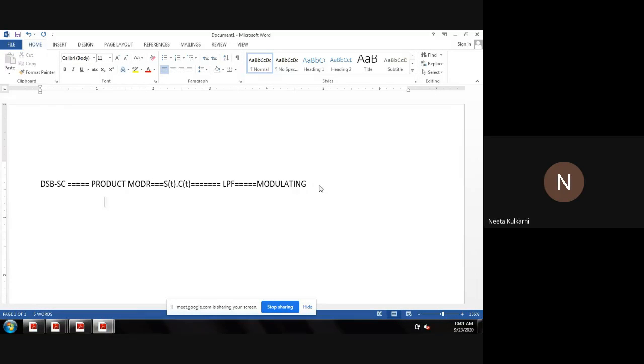The another input for product modulator is carrier signal. इकडून दिला आपण इथून इथं दिला carrier signal. ह्या दोन्हीचं मल्टिप्लिकेशन होऊन आपल्याला आउटपुटला मिळाला S of T into C of T. Then it is given to the low pass filter. आणि ह्या लो पास फिल्टरची फ्रिक्वेन्सी अशी ऍडजस्ट केलेली असते की we are getting the modulating signal at the output.